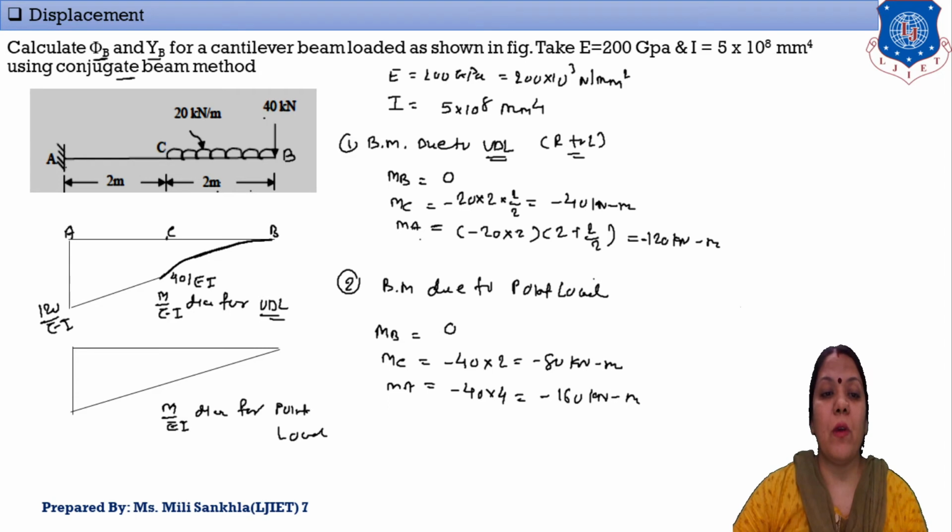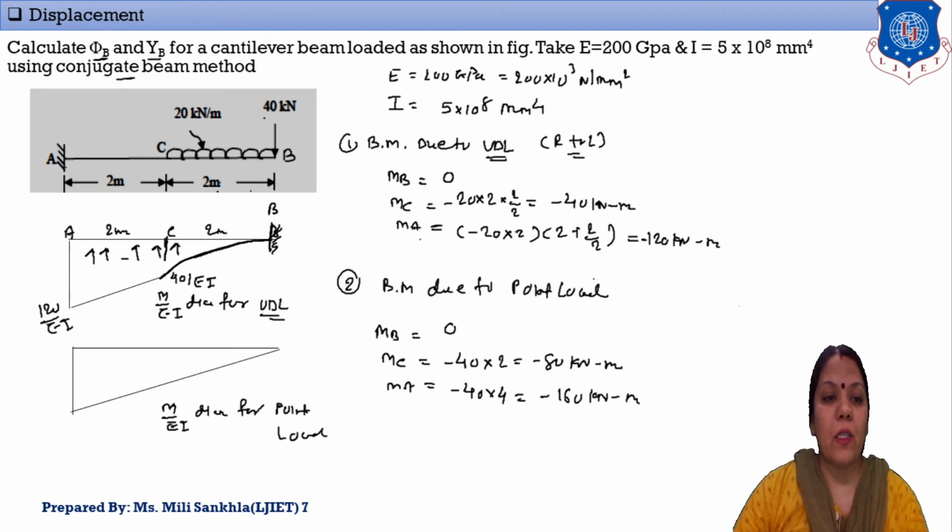First of all, we make the free end fixed and the fixed end free. This is our B point. The diagram is negative, so the forces are indicated in the upward direction. Remember that if our diagram is negative, forces are in the upward direction. This distance is 2 meter, and this distance is 2 meter.